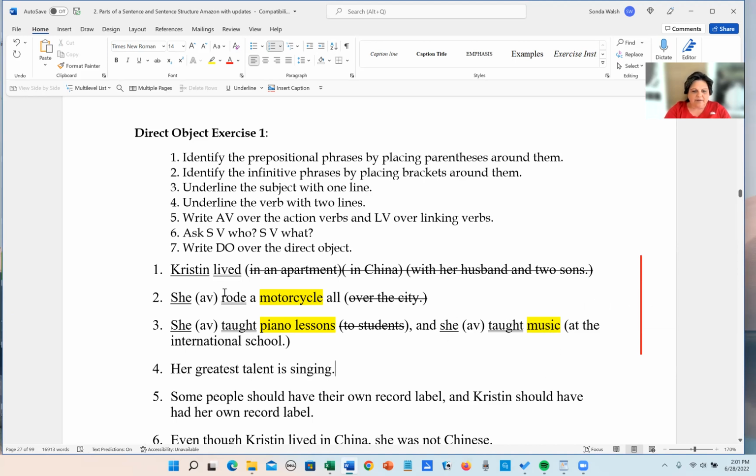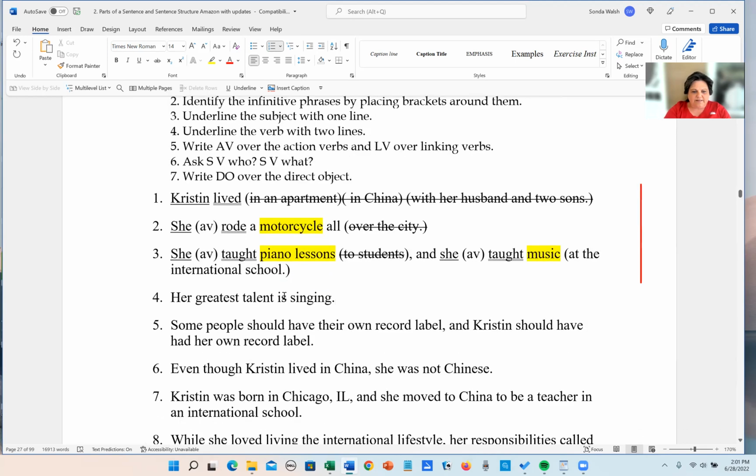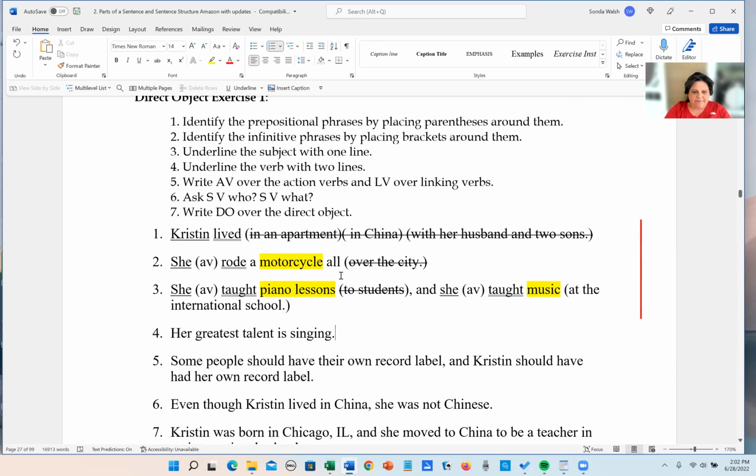Okay, let's go to the next one. Identify the prepositional phrases. Her greatest talent is singing. We don't have any prepositional phrases. There are no infinitive phrases, so underline the subject once. Talent is the subject. Okay, underline the verb. Is is the verb.